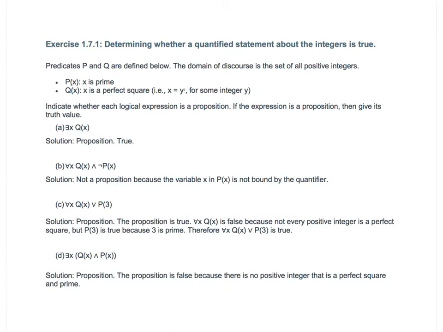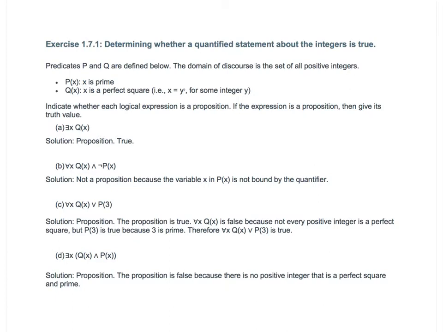And it basically means that there exists a positive integer that is a perfect square. And obviously, this is true because, for example, 4 is a perfect square, 9 is a perfect square. So you can find a value in the set of all positive integers, which is the domain of X, that makes Q of X true. Therefore, it's a true proposition.